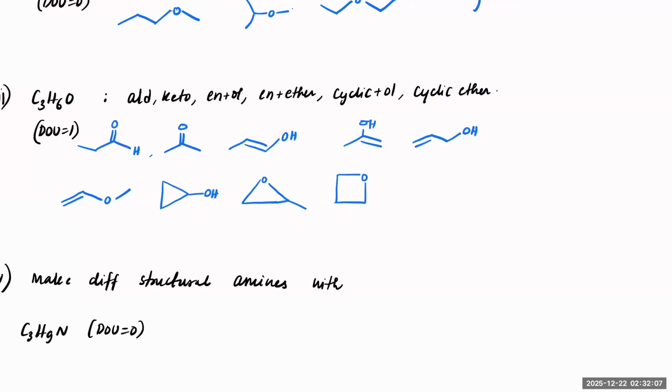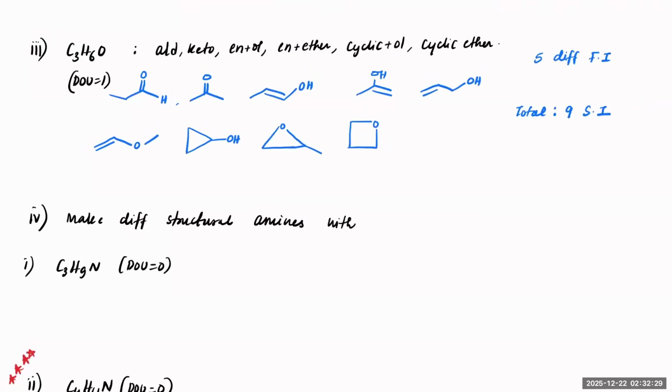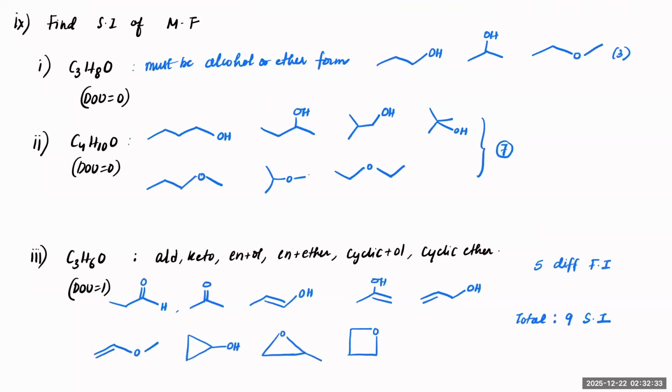So in total, we have 5 different functional isomers here. Okay. So the total in this case will be equal to 9. So 3 plus 4 is 7, 7 plus 2... so 9 structural isomers. Everyone, please check the cases. Any doubt you can ask me.